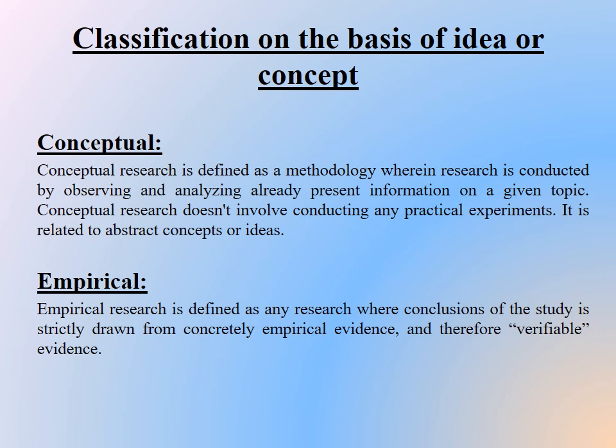Now, classification on the basis of idea or concept. Conceptual research is a method wherein research is conducted by observing and analyzing already present information on a given topic. Empirical research is a method where conclusions of the study are strictly drawn from verifiable evidence.